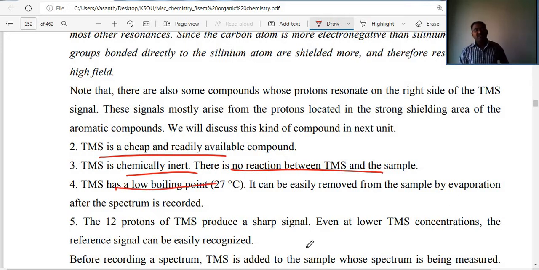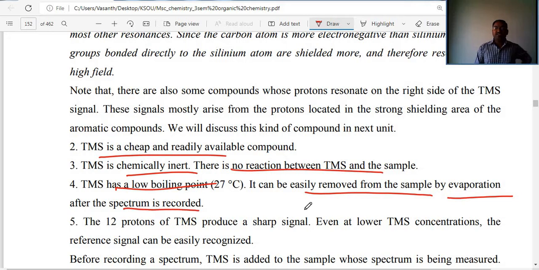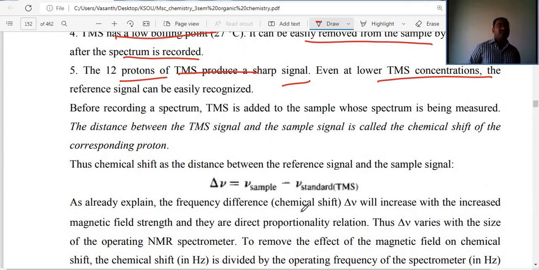It has a low boiling point, 27 degrees Celsius, so it can be removed from the sample by evaporation after the spectrum is recorded. The 12 protons of tetramethylsilane produce a sharp signal even at low TMS concentrations, so the reference signal may be easily recognized.